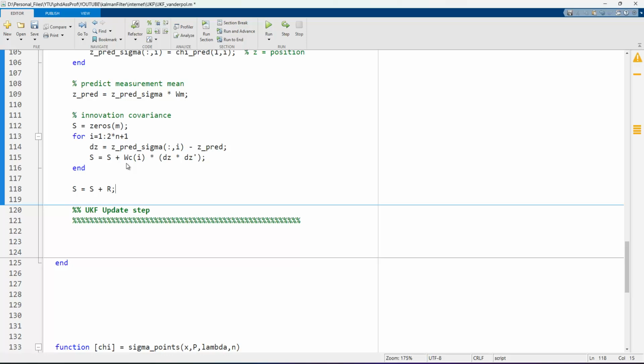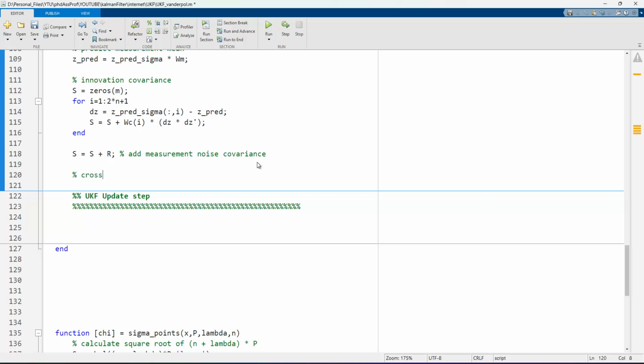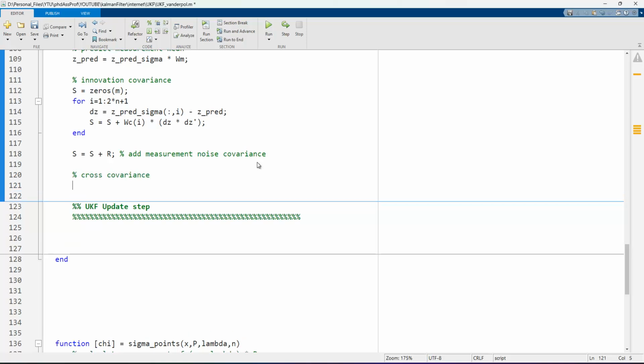With the R measurement in here. Add measurement noise covariance in here. In this case, we have the 1 times 1 value in here because we just only measure the position. Okay. So after that, we need to give the cross covariance in here.